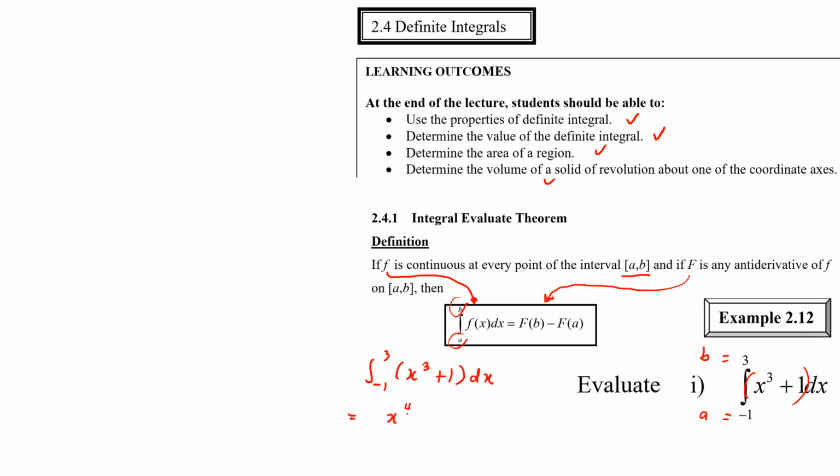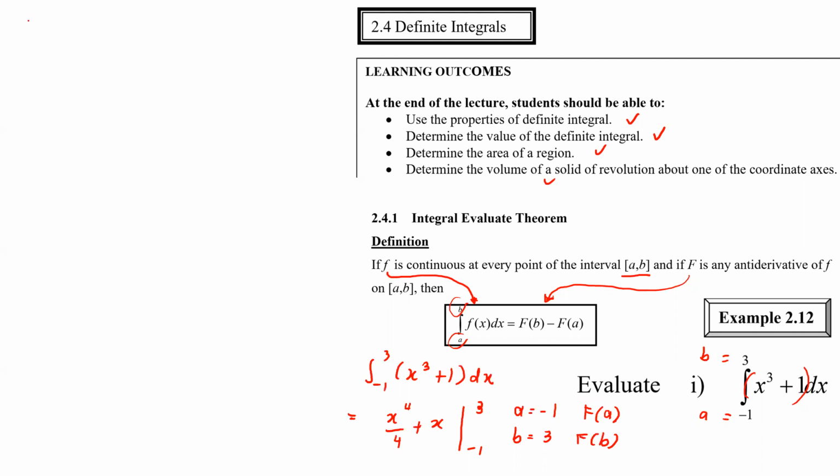This becomes x to the power of 4 divided by 4 plus x, from negative 1 to 3. Since we know that a is equal to negative 1, b is equal to 3, automatically you have to find F(a) and F(b).